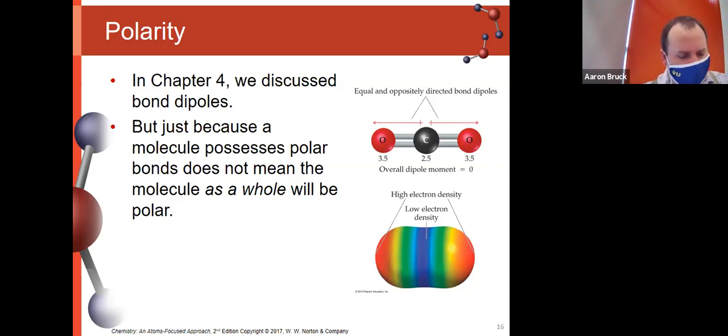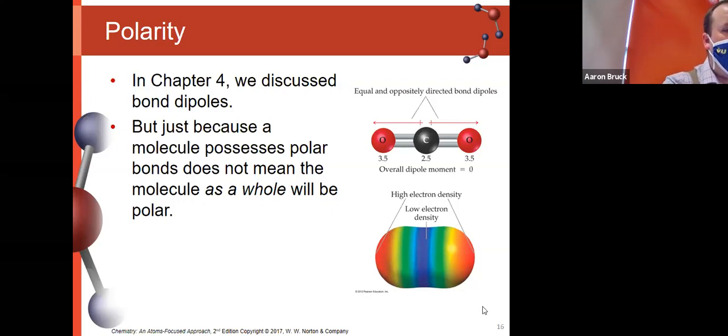And we came up with the concept that if we look at electronegativity differences, we can evaluate how evenly or unevenly electrons are being shared in a given bond. But one thing that we have to understand is that bond polarity does not necessarily dictate molecular polarity.